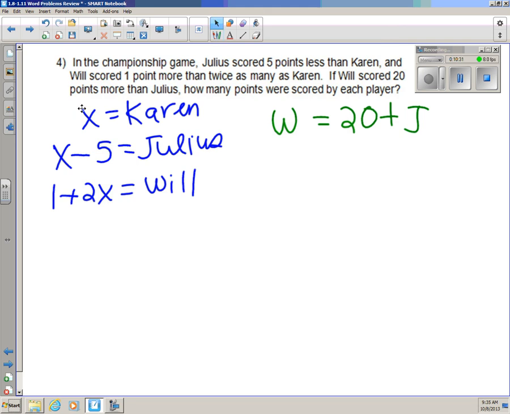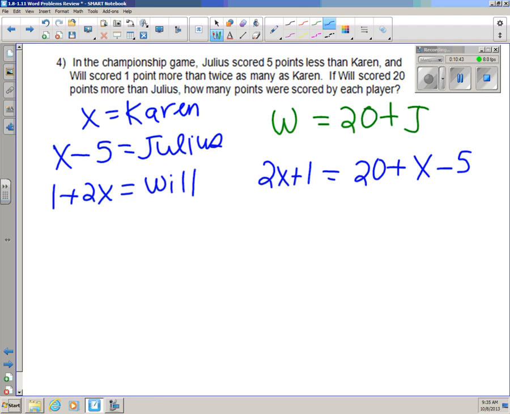Well, what's Will? Will is 2x plus 1. 1 plus 2x, same idea. Community property. 20 plus Julius. What's Julius? x minus 5. Not so difficult. 2x plus 1 equals, like terms, 15 plus x, 20 minus 5.